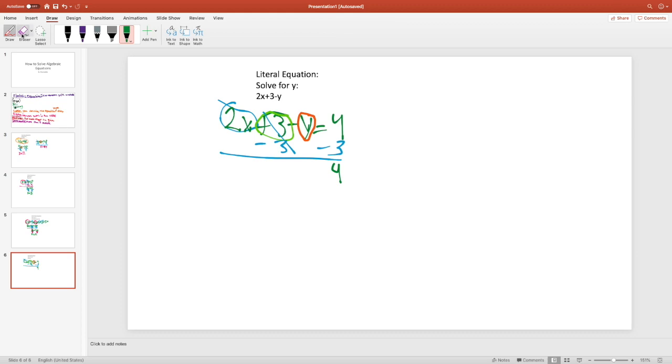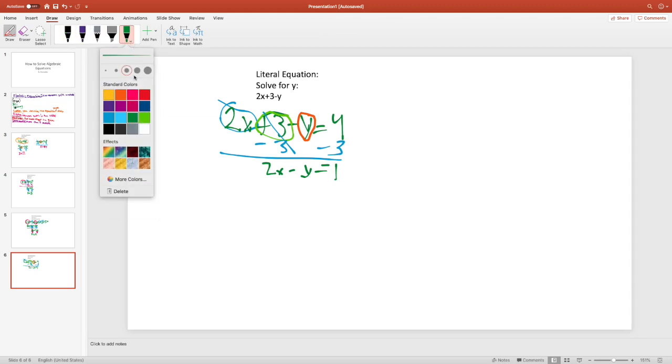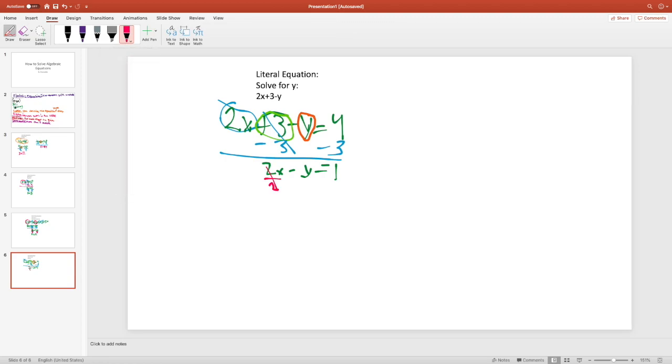So we're going to subtract 3 from both sides, and we get, oh, whoops, that's not right. Sorry. Negative y plus 2x. So that's our equation. Now, here's the tricky part. We have to isolate the 2 from the x, so we are going to divide by 2.